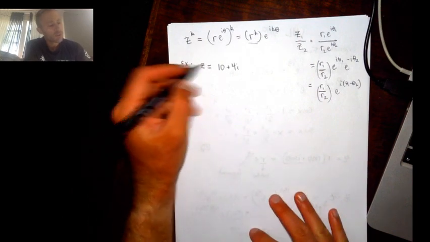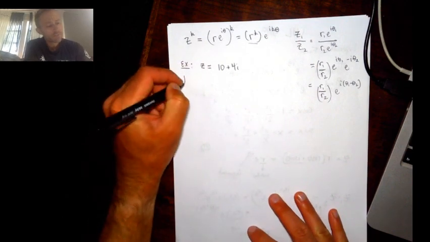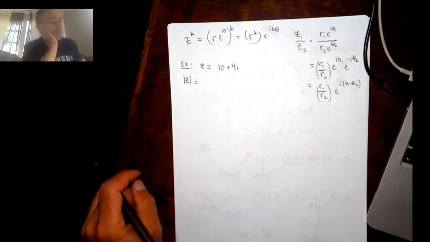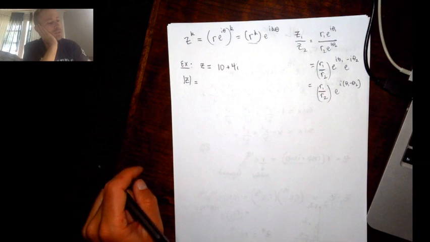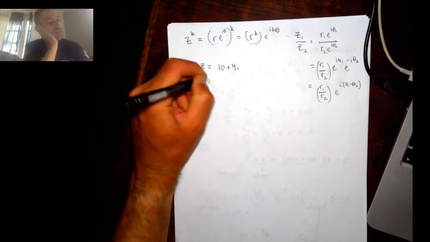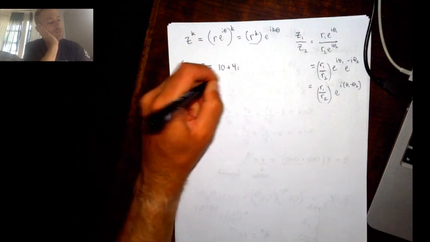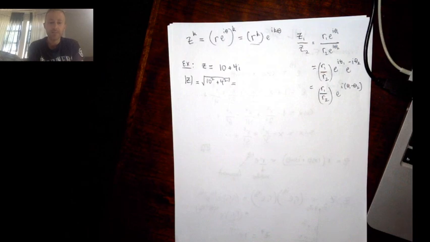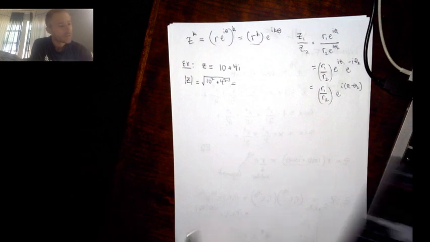First of all, I need the modulus, and that would be the square root of 10 squared plus 4 squared. And that gives me 10.8.